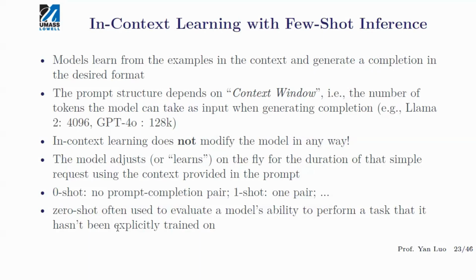But if the number of tokens in the context window exceeds the maximal input the model is trained for, then the model will just ask you to start a new chat window. That's basically the limit of the tokens it can take as an input when generating a completion.